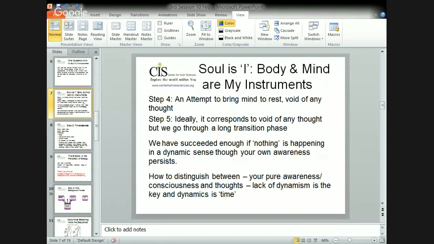So when you are in step 4, when you hit your eyebrows, you are focusing there, you have some thought, and by focusing your mind between the two eyebrows, you are intending to diminish all that. You are almost telling your mind, do nothing and just sit there.